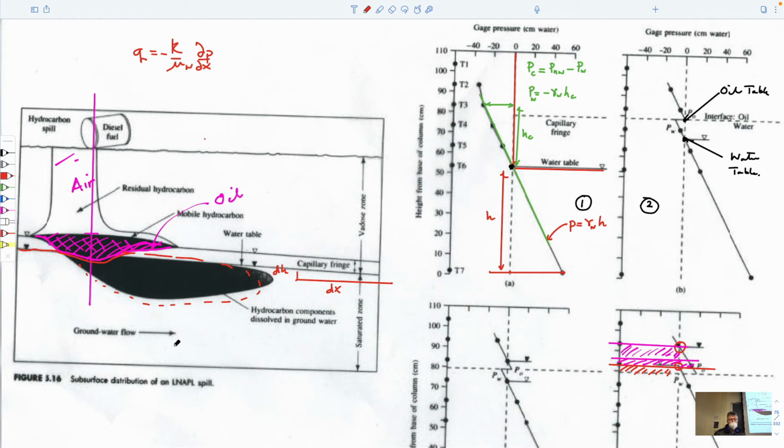We've done this ad nauseum. So you know that there's groundwater flow in here that's moving at some velocity. We can calculate the Darcy velocity, which is really what this Q is, right? This is the Darcy velocity. And so if we know the Darcy velocity, we can calculate the advective velocity, which is equal to the Darcy velocity divided by porosity.